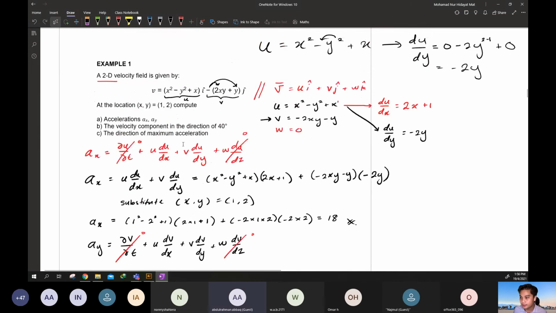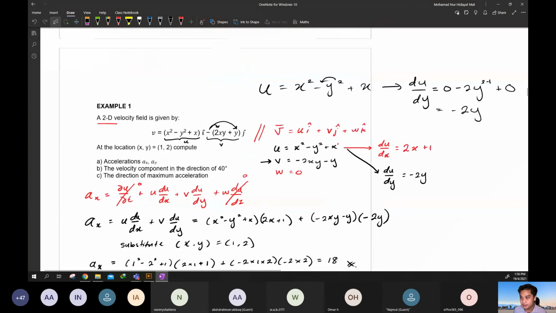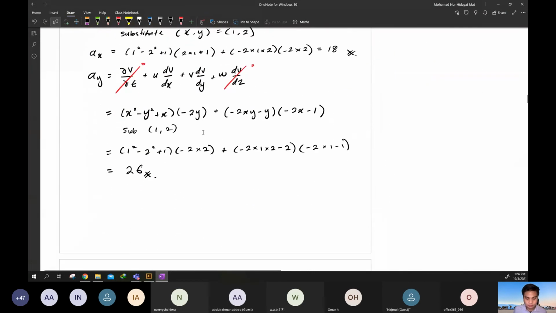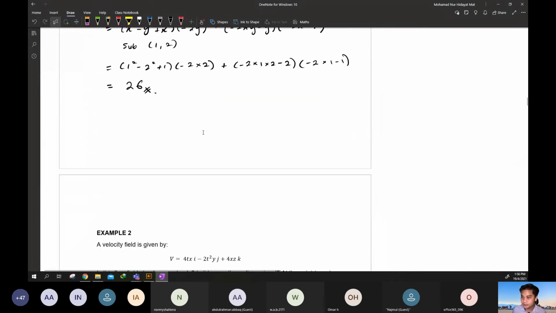And then the next question: the velocity component in the direction of 40 degrees. This is having an angle. How do we express it in terms of 40 degrees? First we need to draw the coordinate system. This is our coordinate system, this is x, this is y.